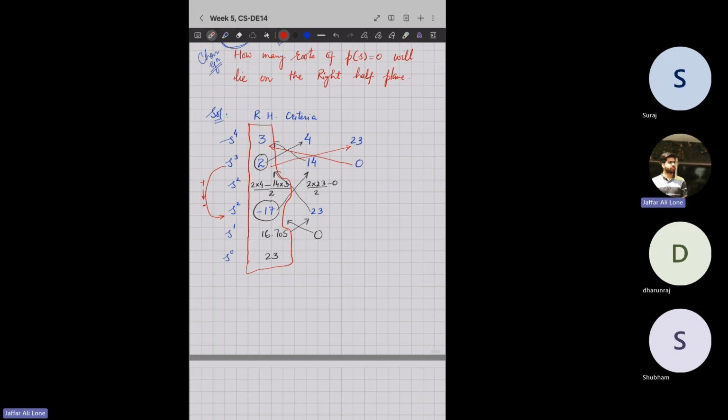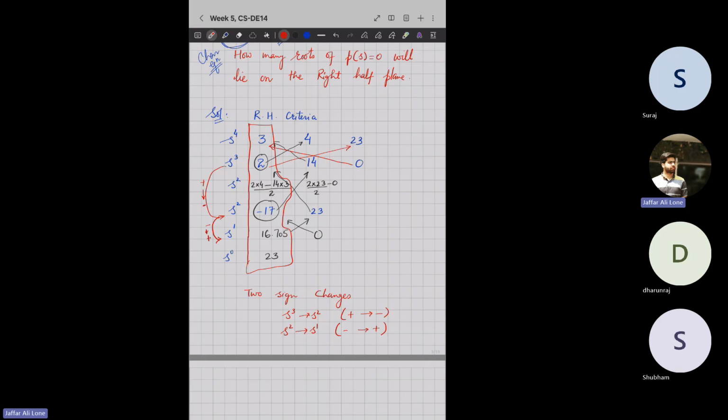From S2 to S1, I am going from minus to plus. So there are two sign changes.